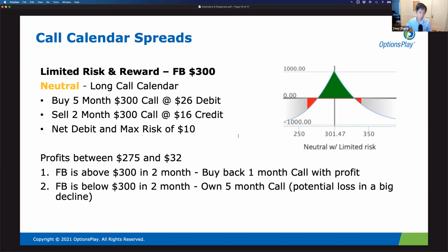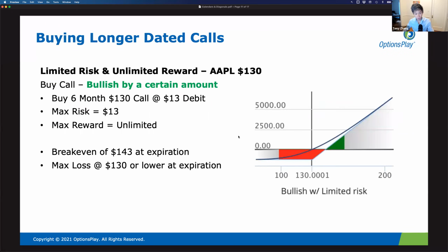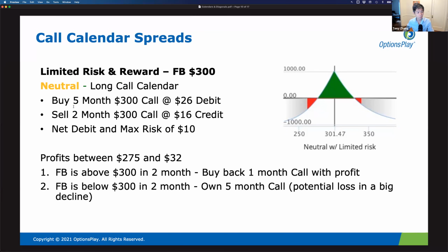Now, once the short call expires worthless, or if you have to buy it back, you have the choice of either just holding on to the 5-month call option because you think the stock is going to continue moving higher, or you can sell another 2-month call option, maybe in this particular case collecting another 15, 16 bucks. If I collect $16 on the first $300 call option, what if I collect another $16 on my second $300 call option?